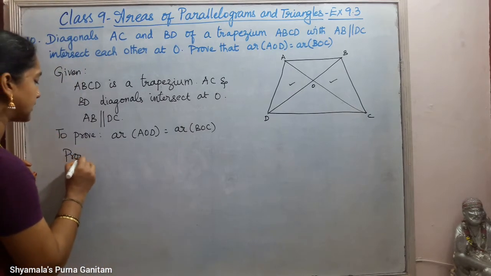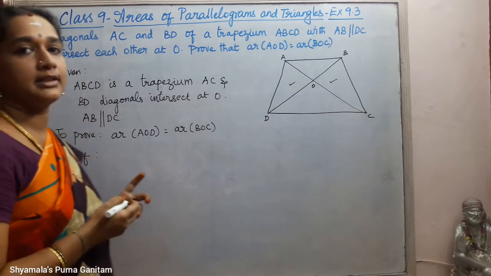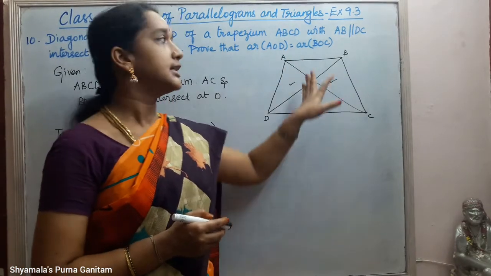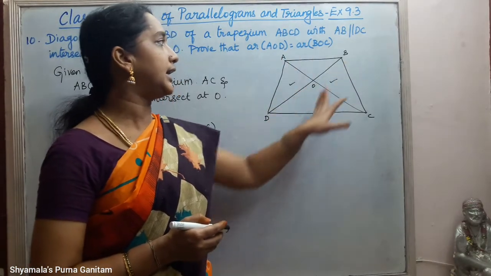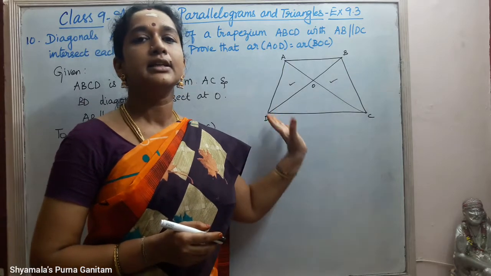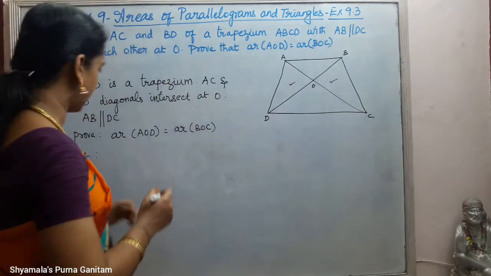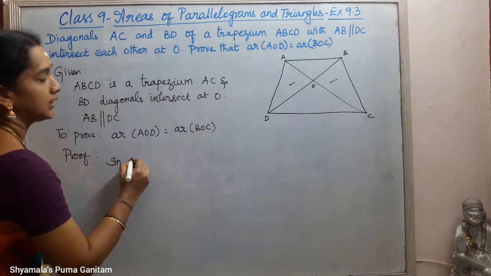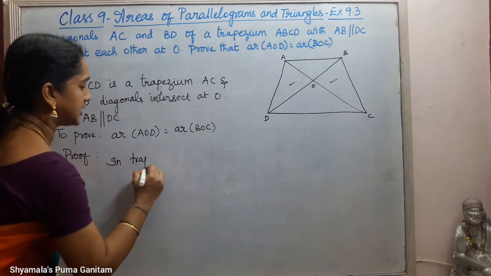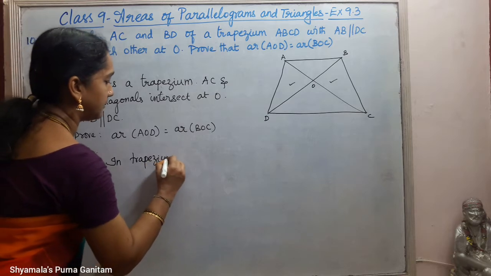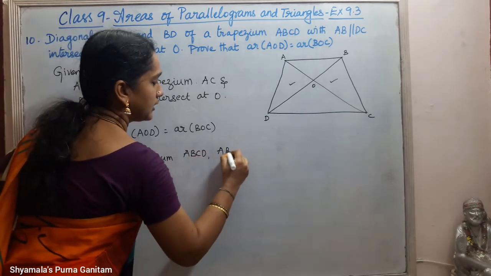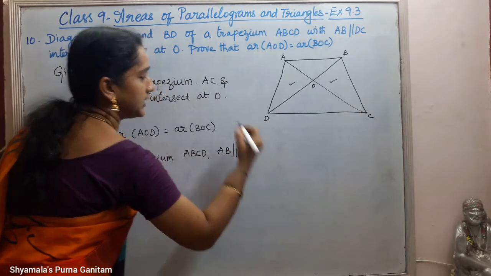Proof: in the question it is given AB parallel to DC, so we will take triangles ABD and BAC. In trapezium ABCD, AB parallel to DC.